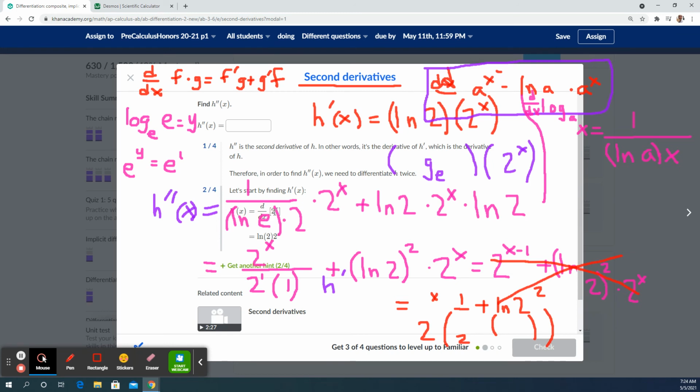The derivative of 2 to the x is ln of 2. Let me go ahead and clear this so we can just see what's going on.